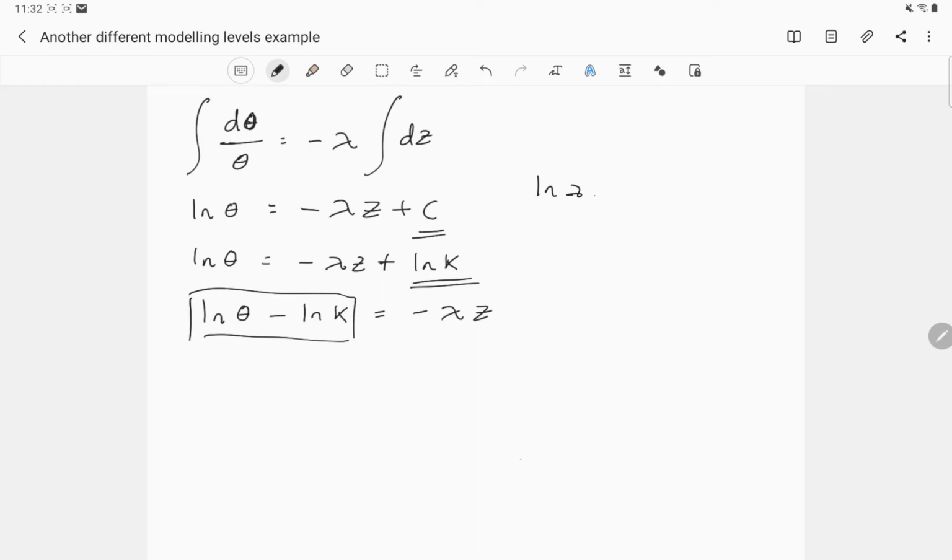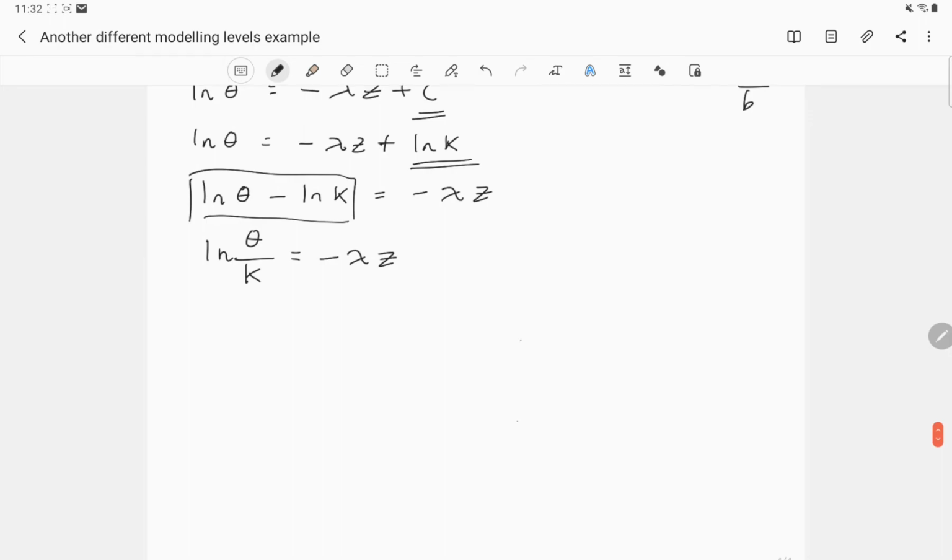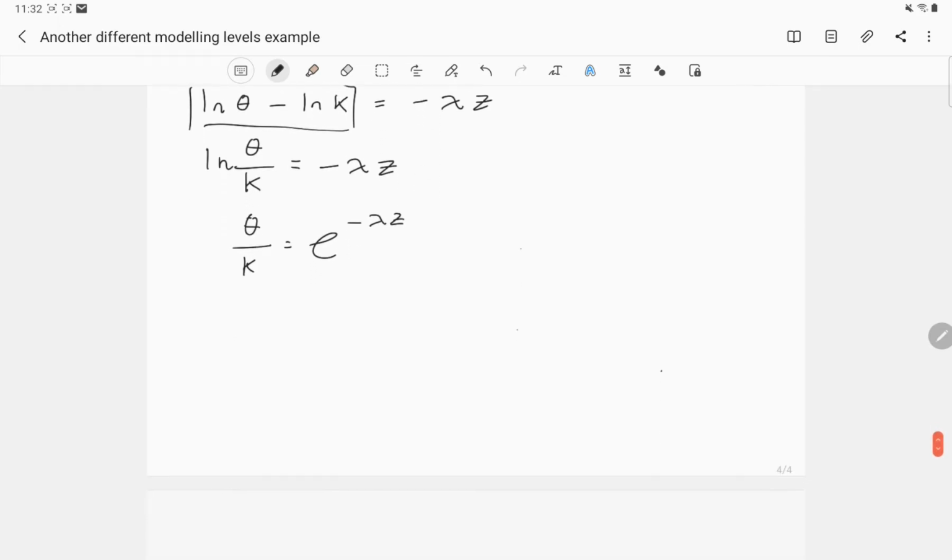If you have ln a minus ln b, then this will be equal to ln a over b. So likewise, that will be ln theta over k equal to minus lambda multiplied by z. Okay, then we can go with the next operation. So theta over k will be equal to exponential minus lambda z.